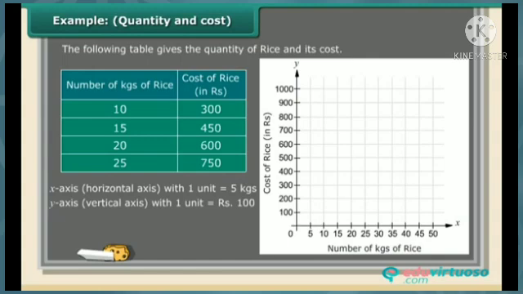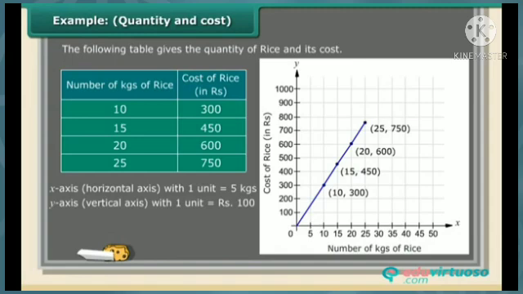Mark the cost of rice on the y-axis, vertical axis, with 1 unit equal to rupees 100. 3. Plot the points (10, 300), (15, 450), (20, 600), (25, 750). 4. Join the points. The graph passes through the origin.